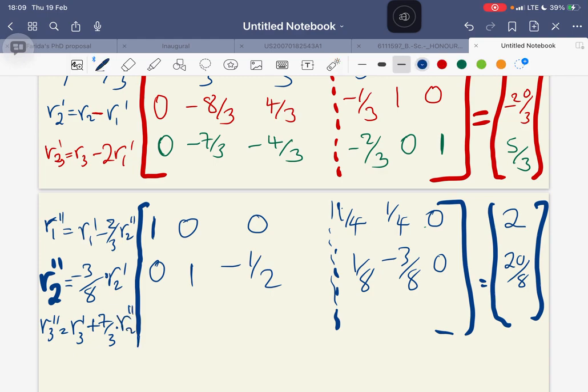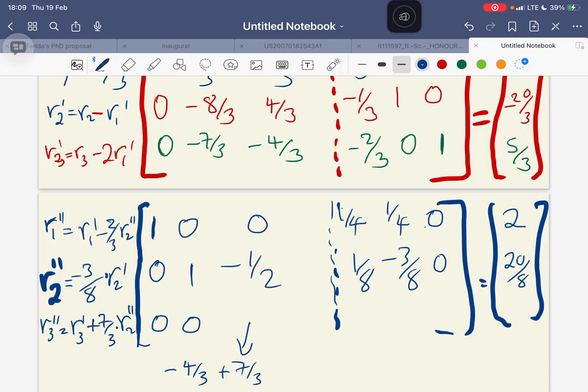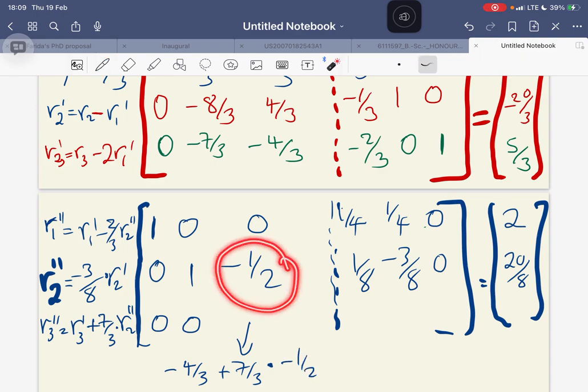So now we start to operate. So here we are going to get 0. So here is going to also be 0. Then this term is going to be as a result of our minus 4 over 3, which is here, right? Plus 7 over 3, which is here, times row R2 double prime, which is minus 1 over 2. So let's see, what do we have here?